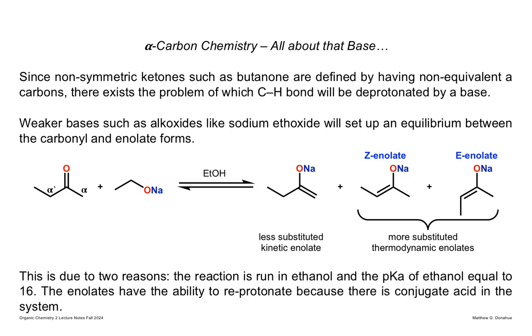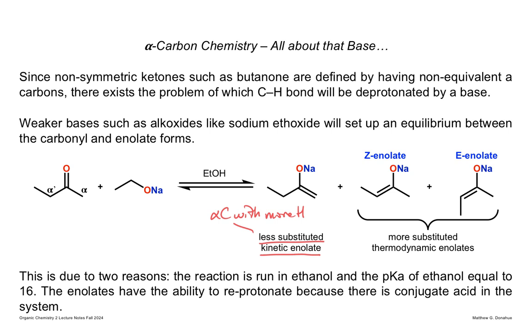And so here they are all in one slide. Something you'll want to commit to memory. The kinetic enolate is less substituted. And that will come from the alpha carbon that has more hydrogens.